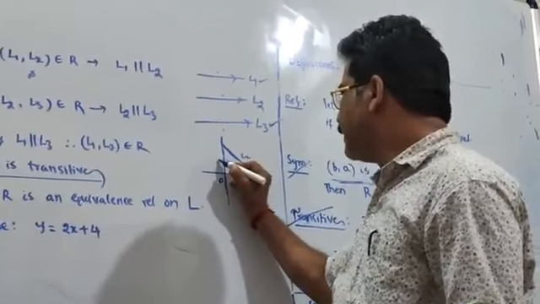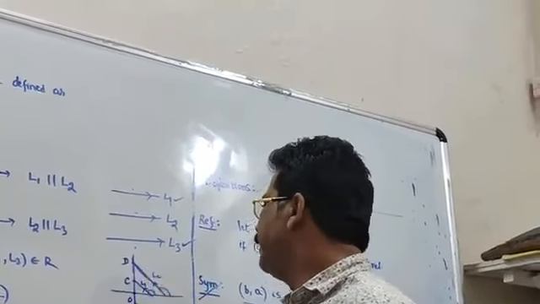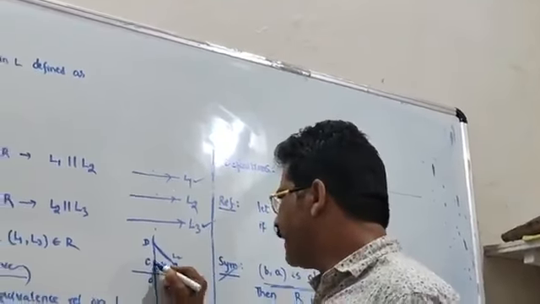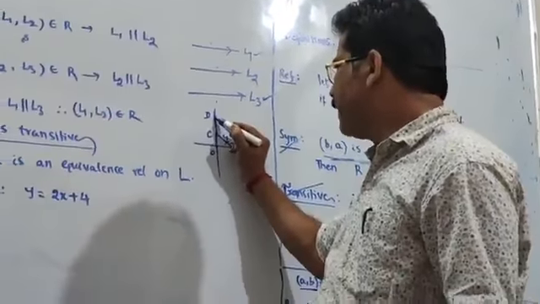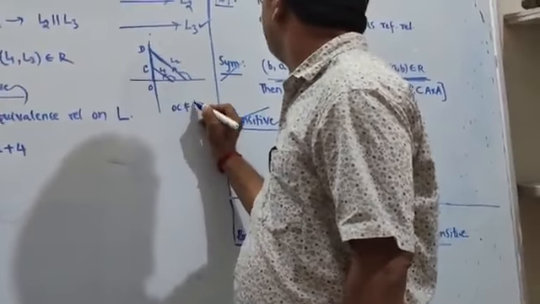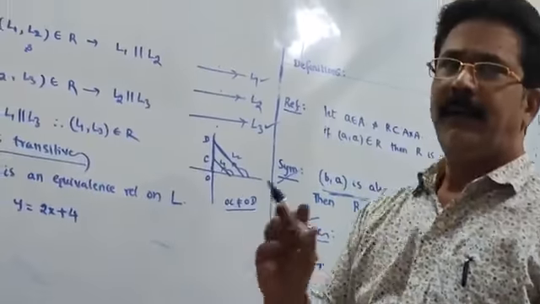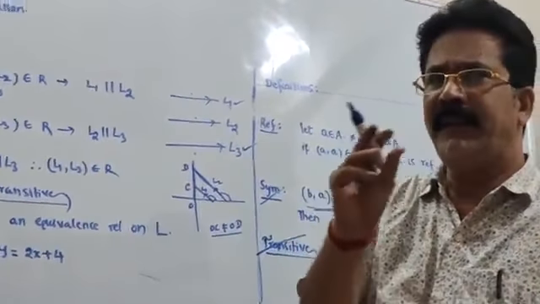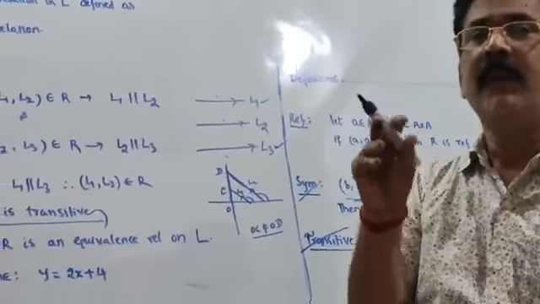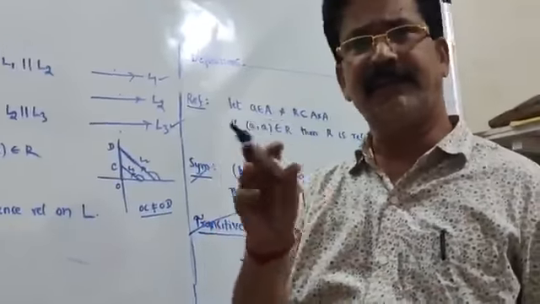For example, this point is capital C and this point will be capital D. Then the y-intercept of the first line is OC and the y-intercept of the second line is OD. Both are different, so OC is not equal to OD. Two lines are parallel means the slopes are the same, but the y-intercepts are different.